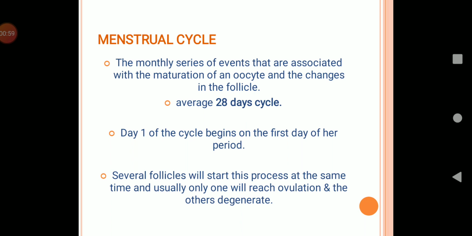It has an average of 28 days, and day 1 of the cycle is the first day of the period. Several follicles will start this process at the same time, and usually only one will reach ovulation and the others degenerate.